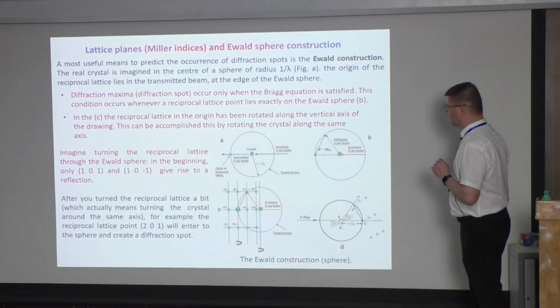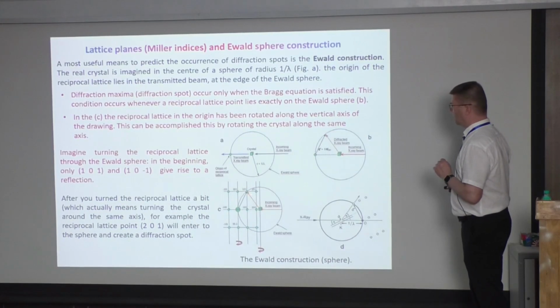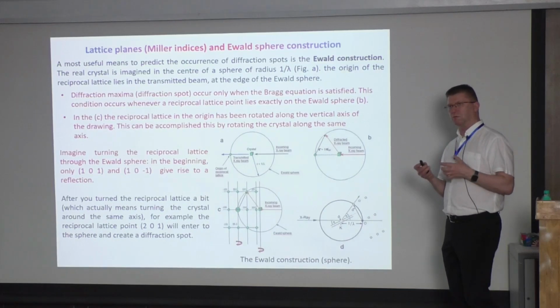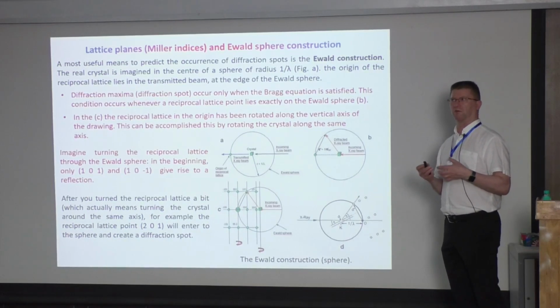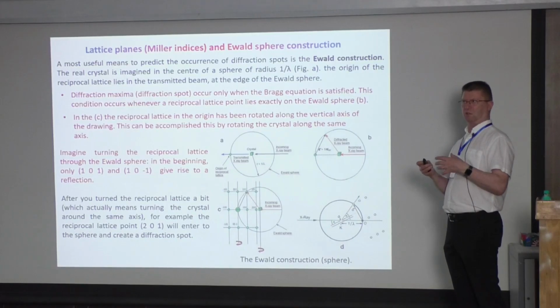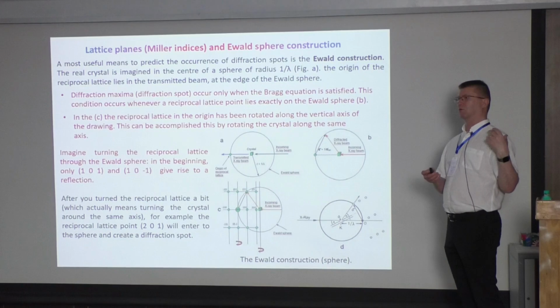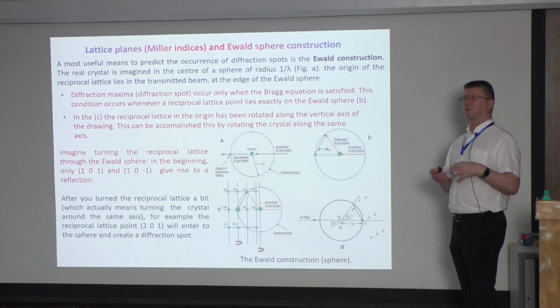The diffraction will happen only when the point touches the surface of the Ewald sphere. This is extremely difficult; it took me 10 years myself to really understand what it means.